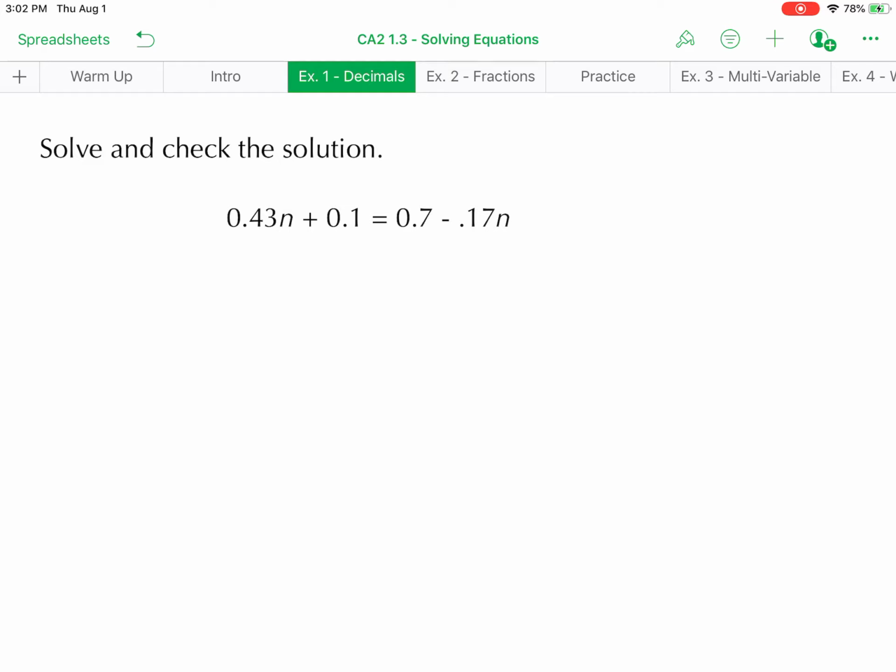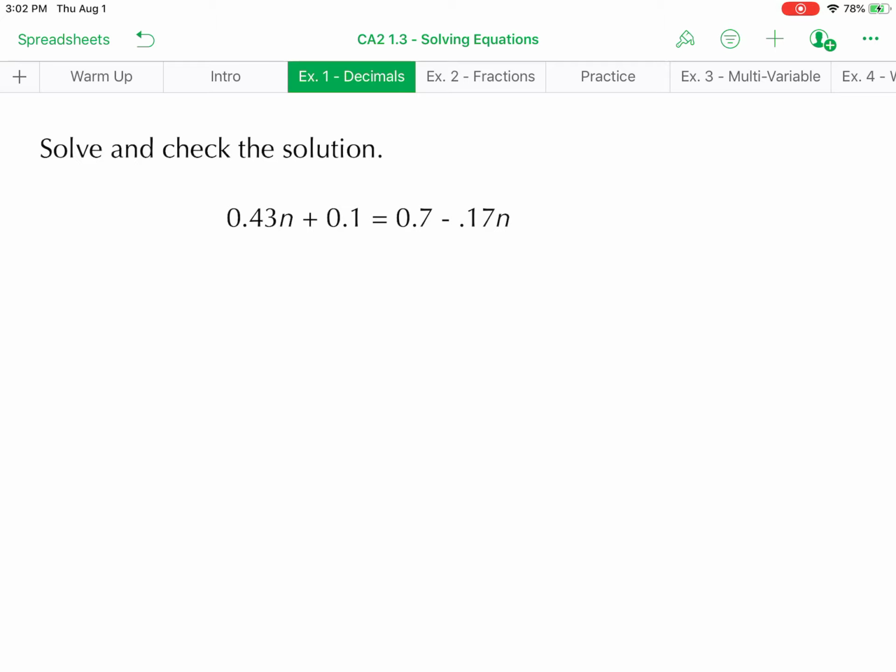Well, I can take this particular one that has 4 decimals to it, and I can manipulate it so that those decimals clear. To do so, I'm paying attention to the fact that the decimals in this equation go as far as the hundredths place.